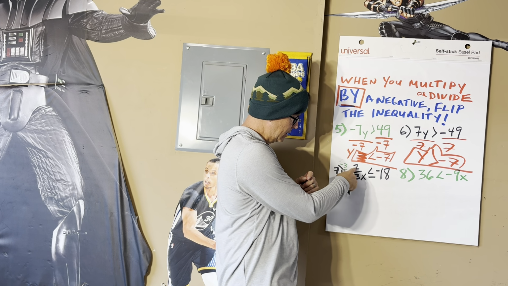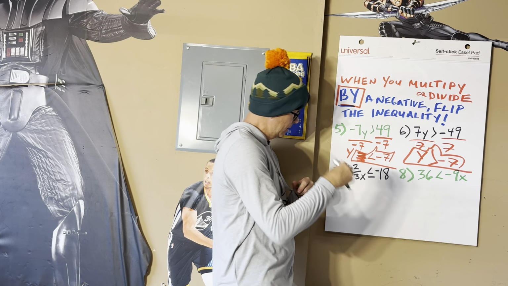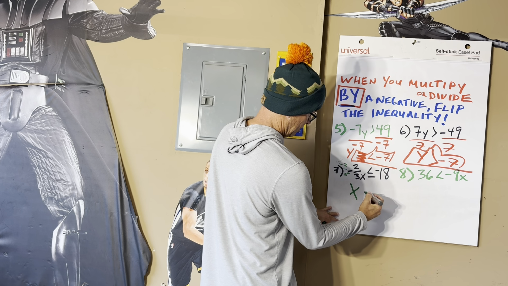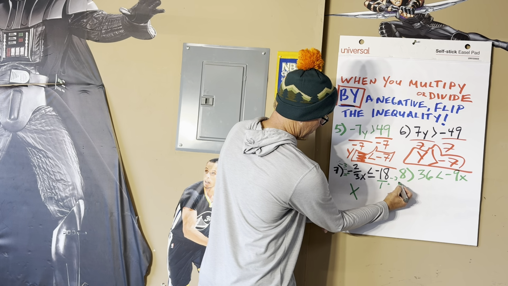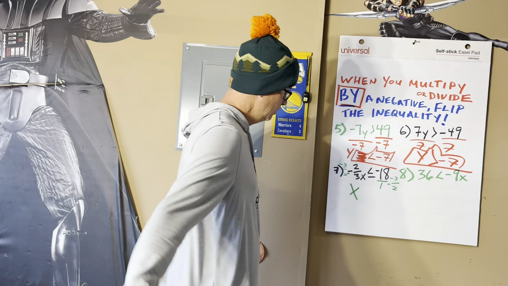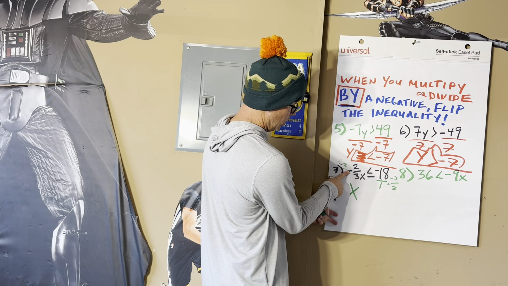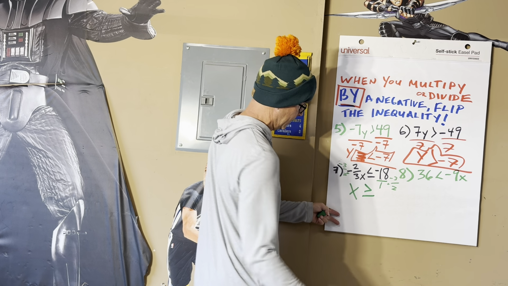So what we basically have is positive x, we have 1x. If we multiply that side by negative 3/2, you have to multiply this side by negative 3/2. Negative times a negative is a positive. Ooh, we multiplied by a negative, so we better flip the inequality.